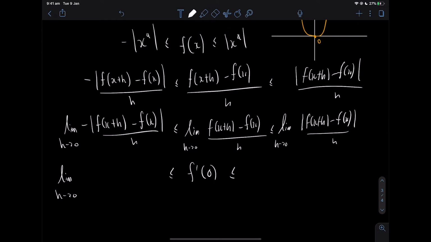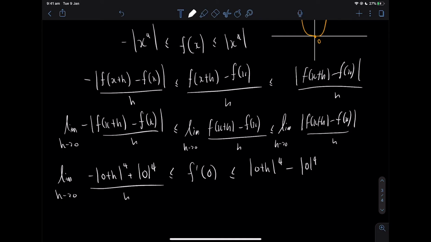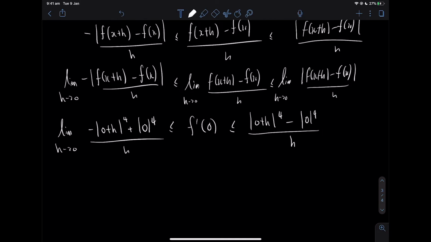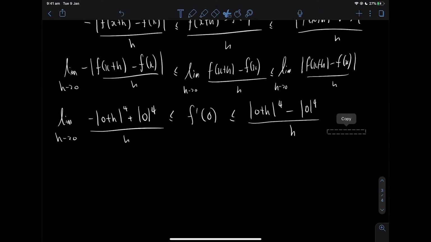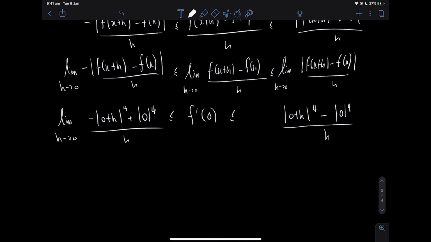Our function was minus x to the 4, so minus the absolute value of 0 plus h to the power of 4 minus 0 to the power of 4, well now it's plus, over h. And the same thing on the other side, so 0 plus h to the power of 4 minus 0 to the power of 4 all over h. And with the limit sign here as well, we still need to maintain the limit.